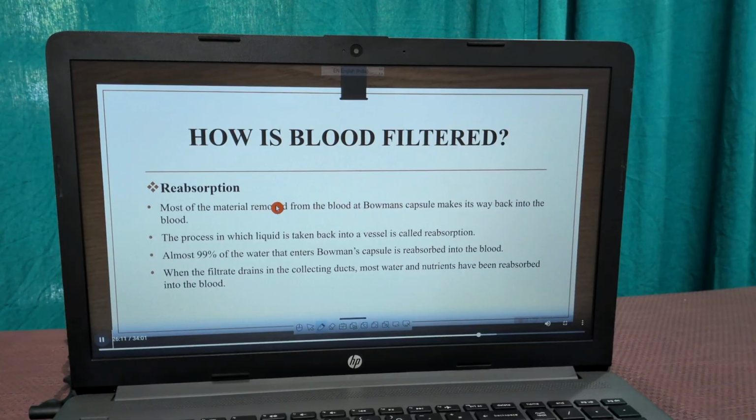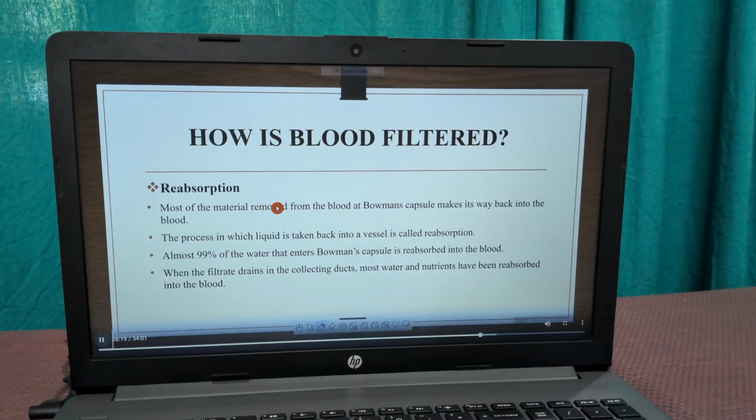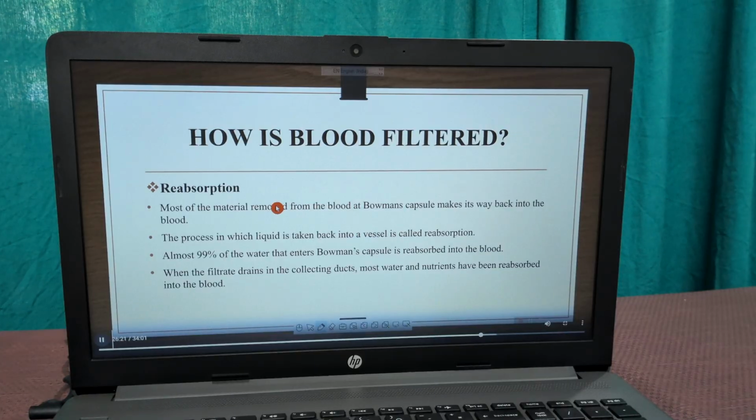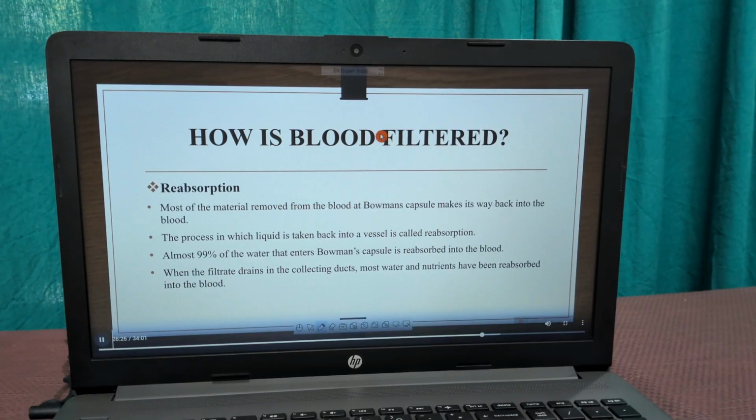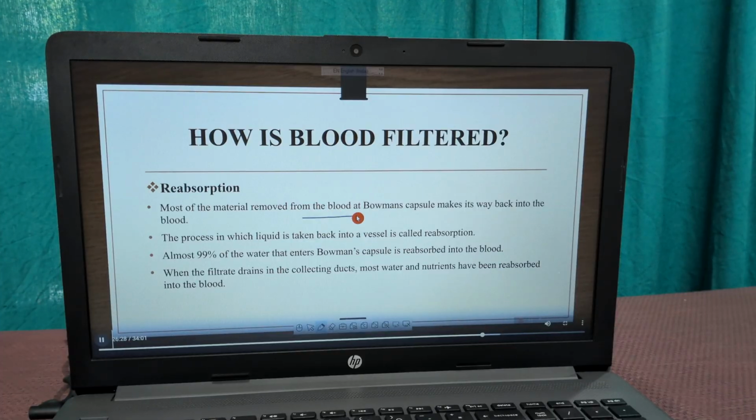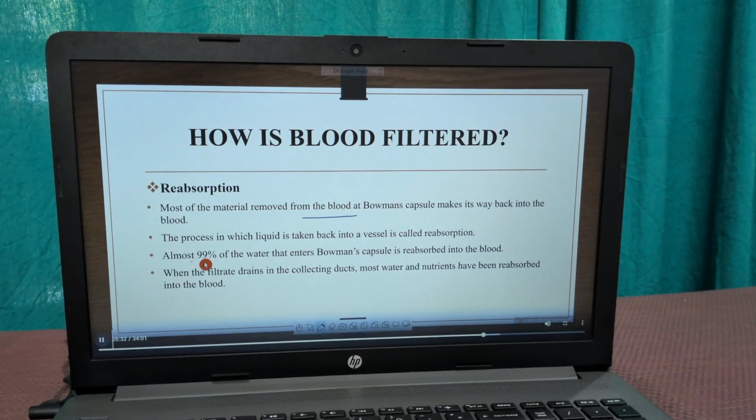The blood vessel reabsorbs almost all of the water along with minerals and nutrients which are needed by the body. The tubules help remove excess acid from the blood. The remaining fluid and the waste in the tubule becomes urine. So most of the material is removed from the blood by this process.